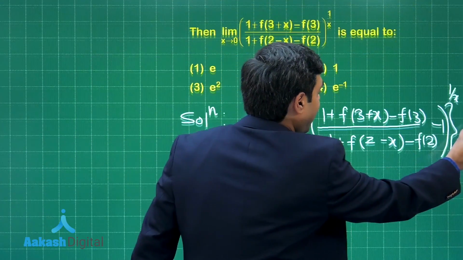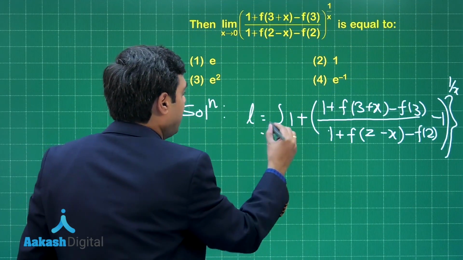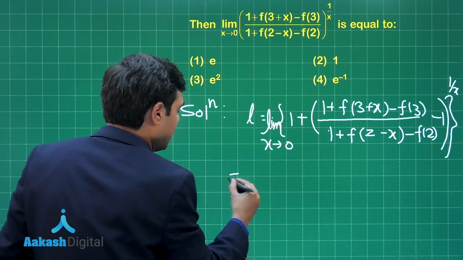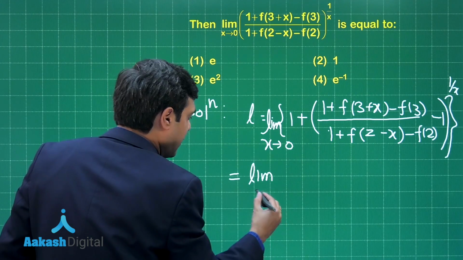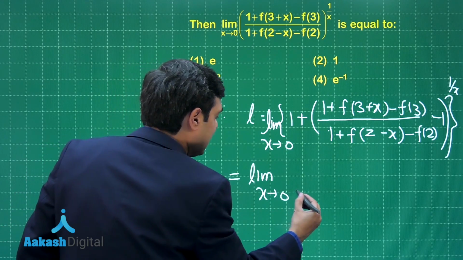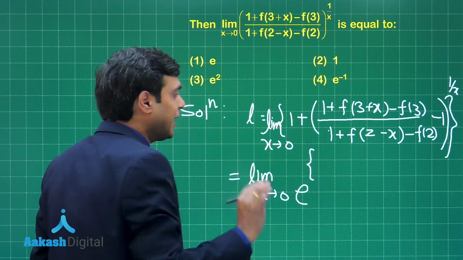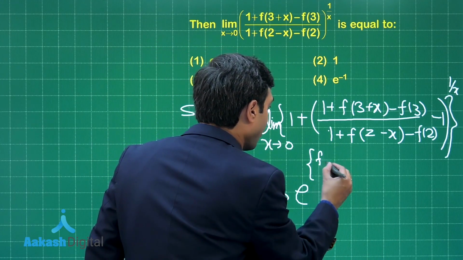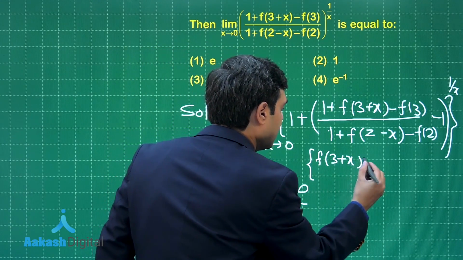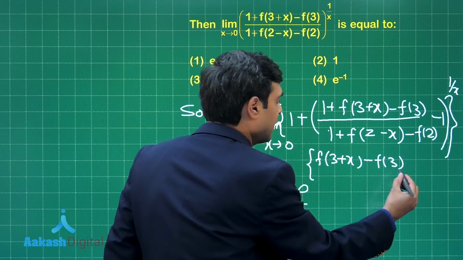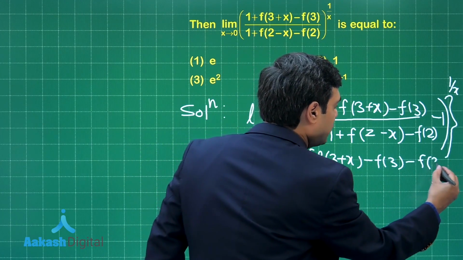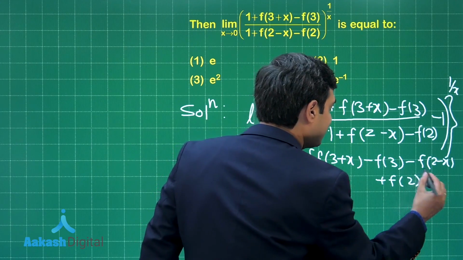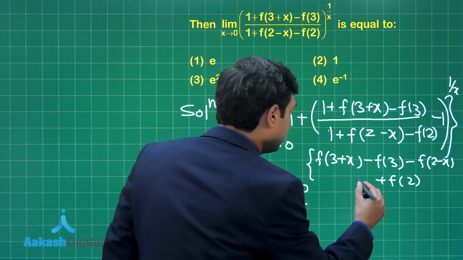So simplifying it further, under the limit x approaching to 0, this gives us limit x approaching to 0 e raised to the power. Taking LCM, we can see 1 is cancelled. We are left with f(3 plus x) minus f(3) minus f(2 minus x) plus f(2). This term is in the numerator, right?